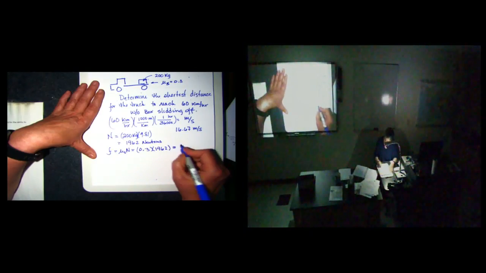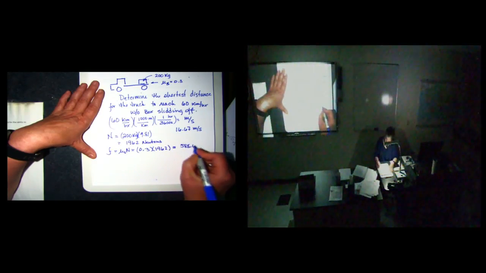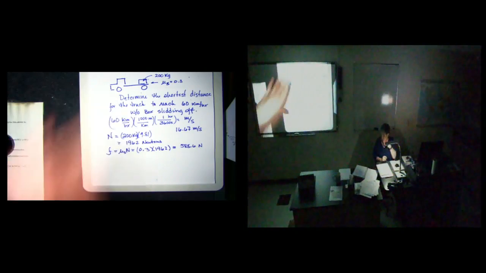Now, the problem says determine the shortest distance. If I want to determine the shortest distance, this means my force is 588.6, and that's my mass times my acceleration, right? So I've got my 588.6 and that's divided by 200, which gives my acceleration.